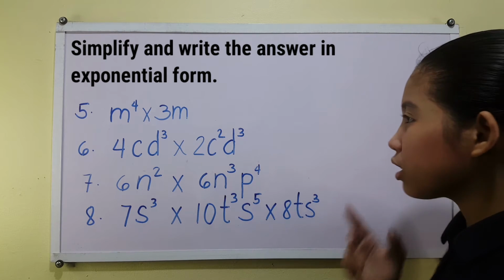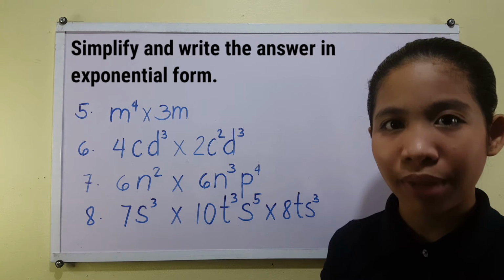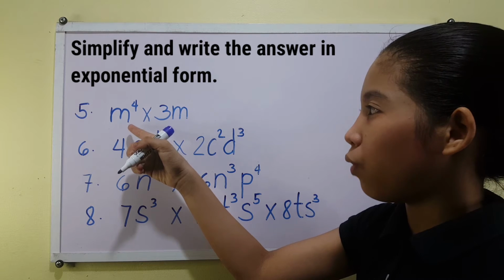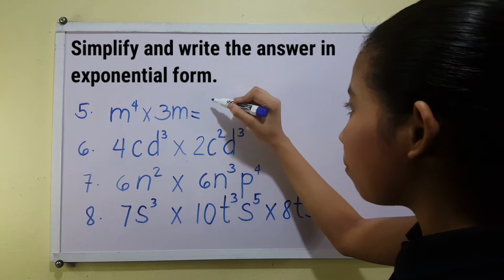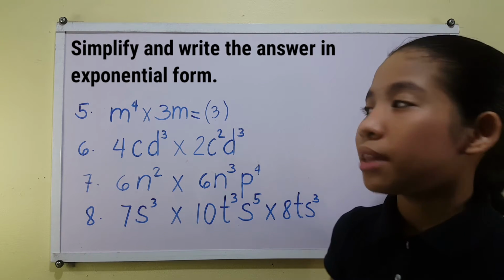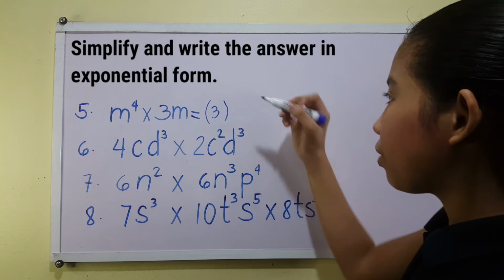In these examples, the first thing that we are going to do is to group the powers with the same base. For our fifth example, we have m to the power of 4 times 3m. For our first group, we have 3, because remember that the coefficient always comes before the variable.